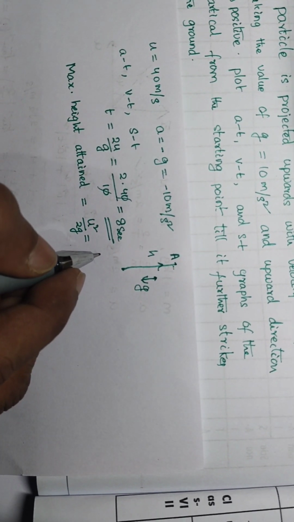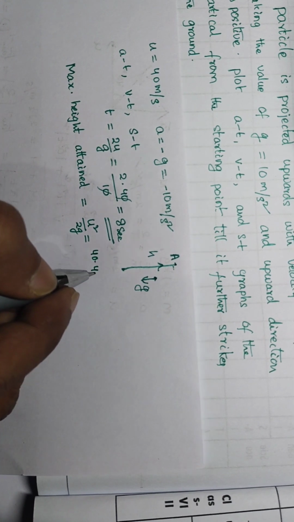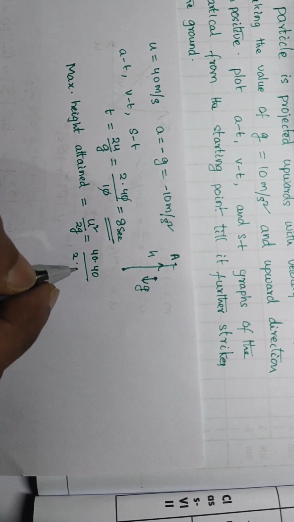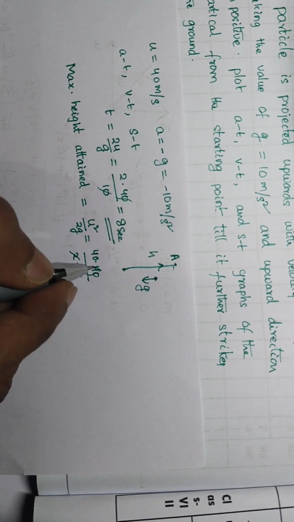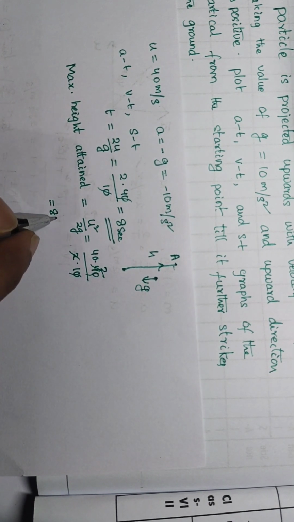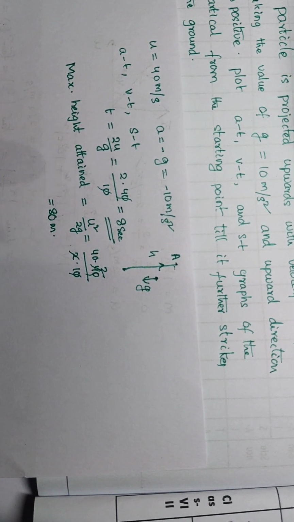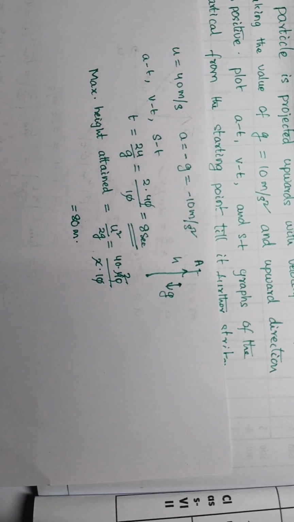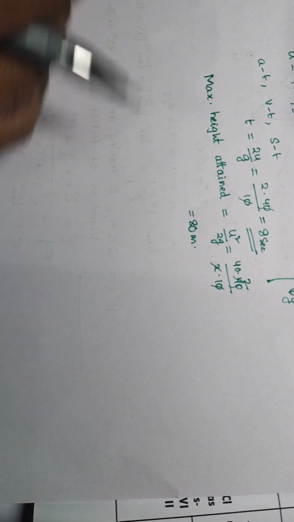U means here 40 into 40 by 2 into g, which is 10, so 2 into 10 is 20, giving 80 meters. The maximum height reached is 80 meters. So let us draw the graphs.